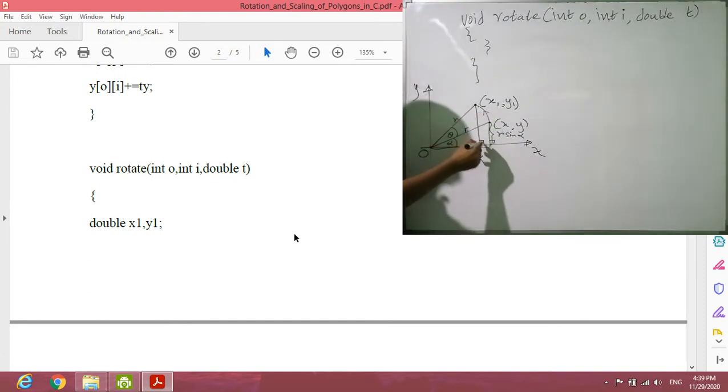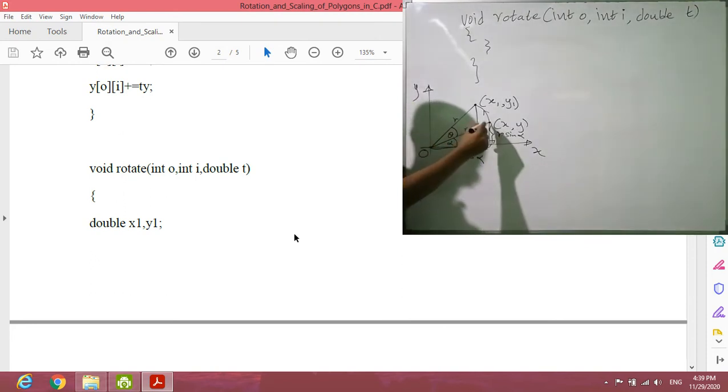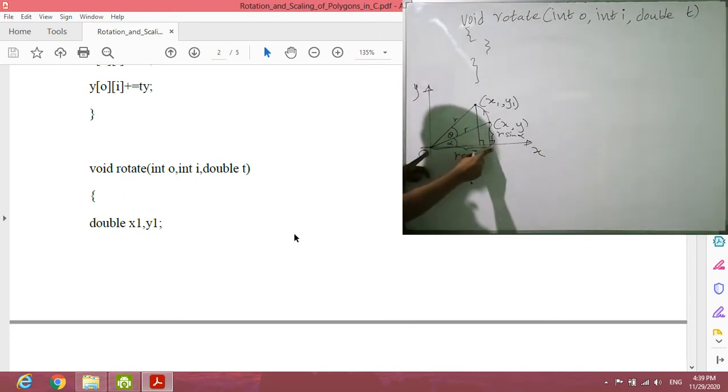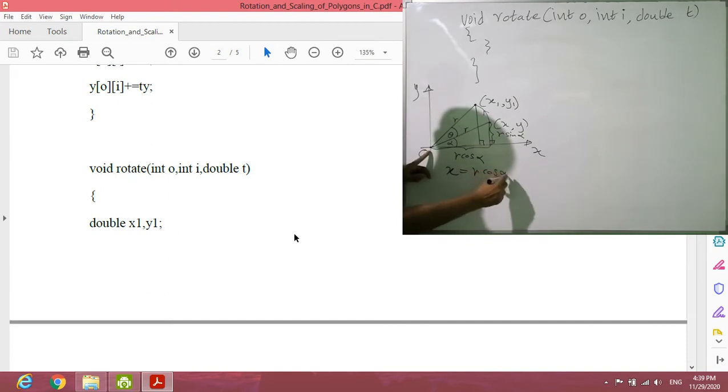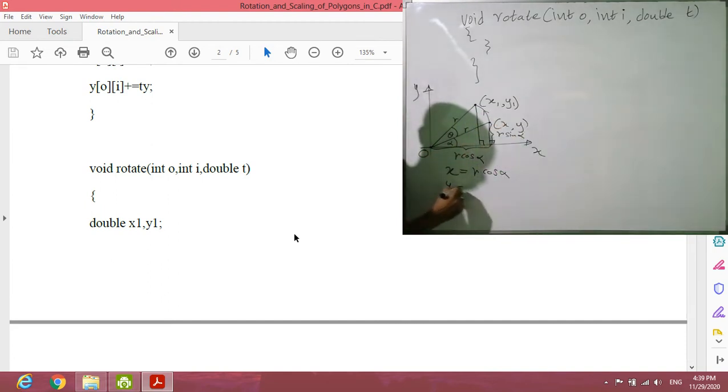So first if you consider this particular triangle, this length, in other words, is x. So x means r cos alpha. This one, in other words, is y. Y means r sin alpha.